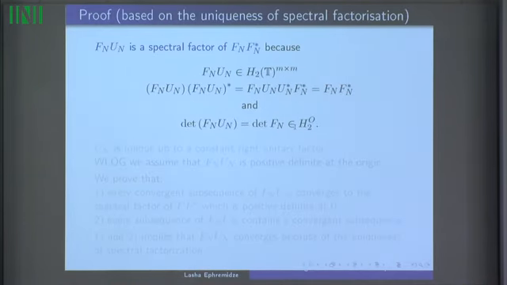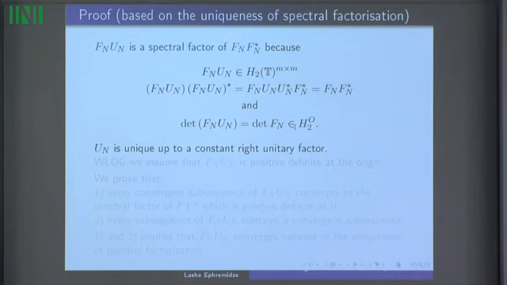So first of all, observe that this matrix is a spectral factor of this matrix, because this is a unitary matrix, and this product produces this product, and the determinant is also an outer function. Therefore Un is defined up to a constant right unitary factor because of the uniqueness of spectral factorization.